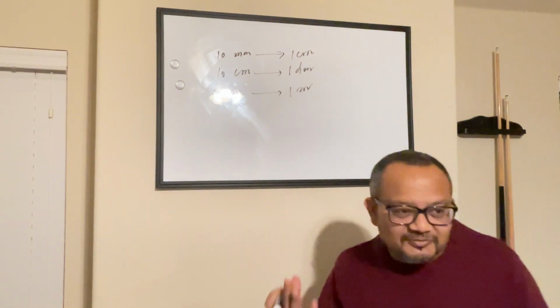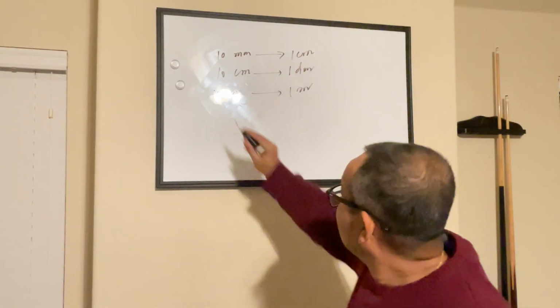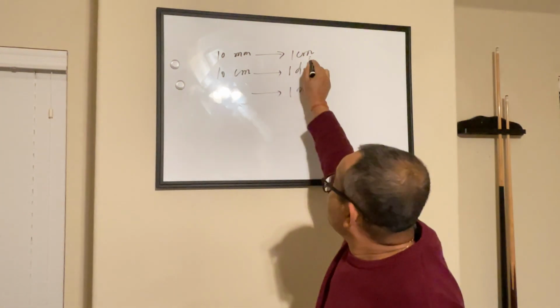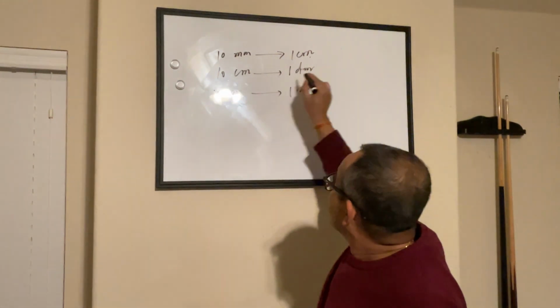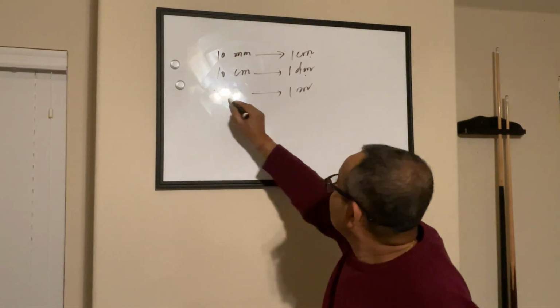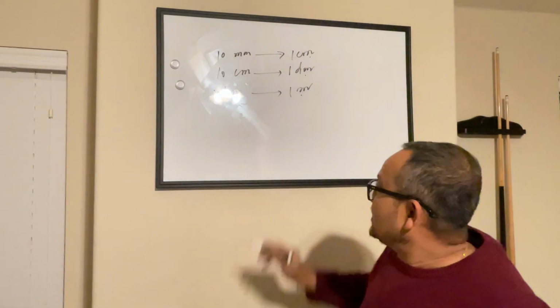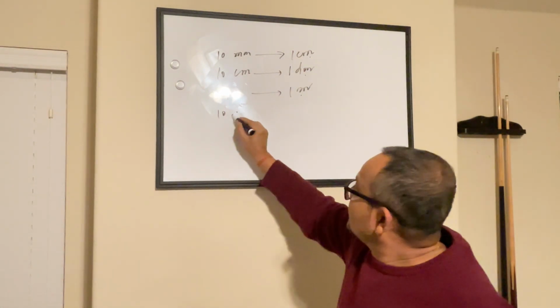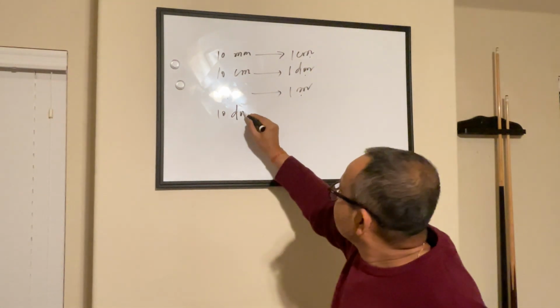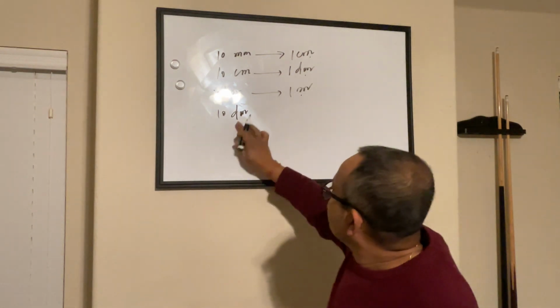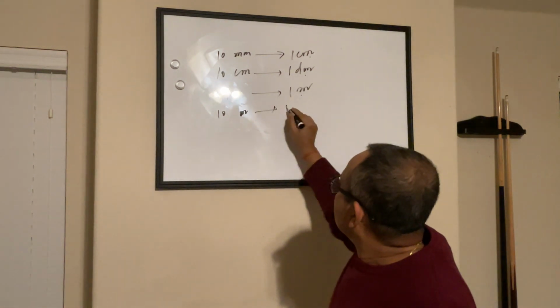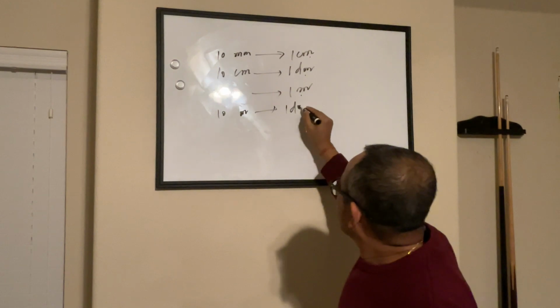That is the formula that we had learned during childhood. So 10 millimeters is 1 centimeter, 10 centimeters is 1 decimeter, 10 decimeters is 1 meter. Then comes 10 meters equal to 1 decameter.